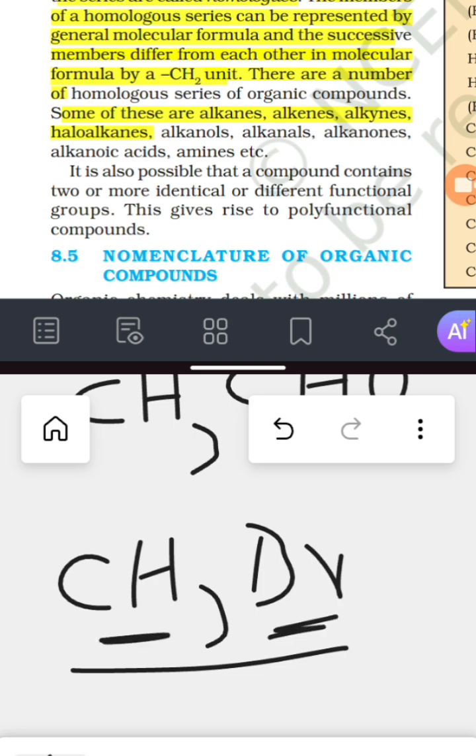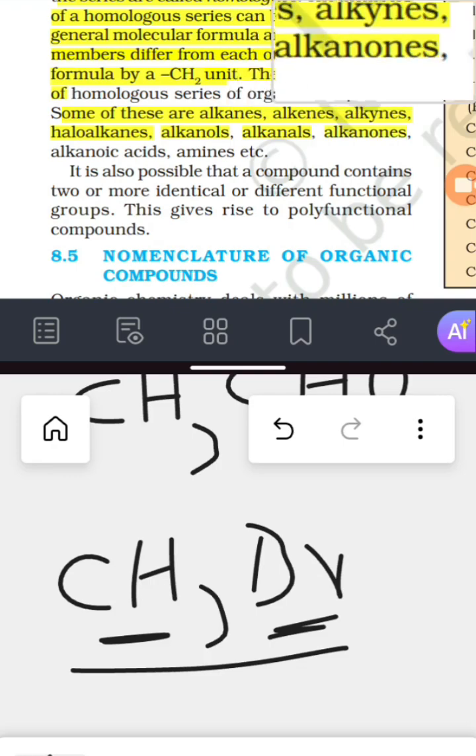This is methyl bromide. For the next member, if we add CH2, it becomes ethyl bromide. If we add CH2 to ethyl bromide, it becomes propyl bromide. That is how the series grows. That is a homologous series. And alkanals also, that means aldehydes, like formaldehyde and acetaldehyde, the examples I just gave.